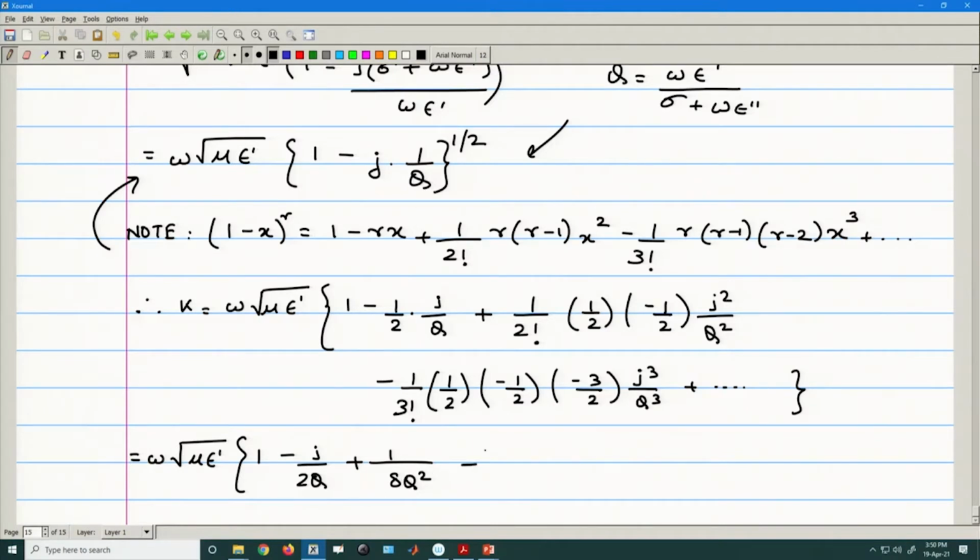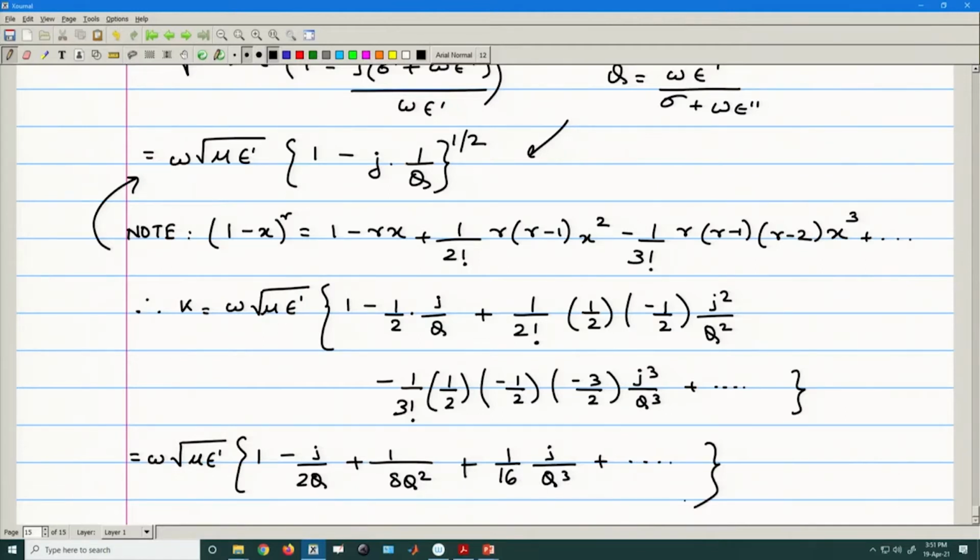Then again this one. 3 factorial is 6, 6 multiplied by 2 is 12, then 24, and then again 1 2, that is 48. So, basically 3 upon 48 gives us 1 upon 16. So it will be 1 by 16, and here it is j cube, that is 1 minus, so basically we will have a plus over here. So 1 upon 16, this will be j upon q cube.